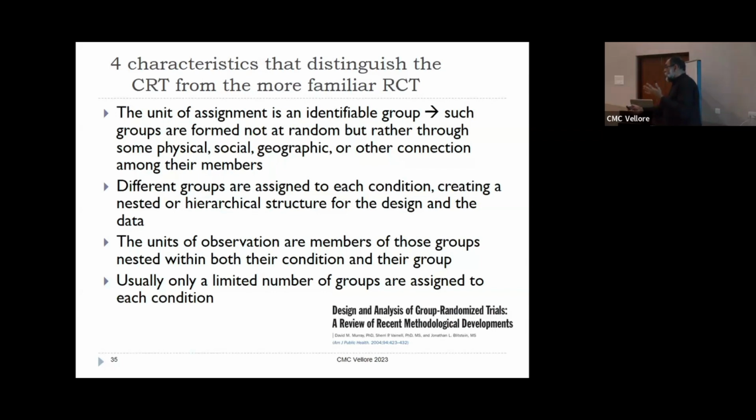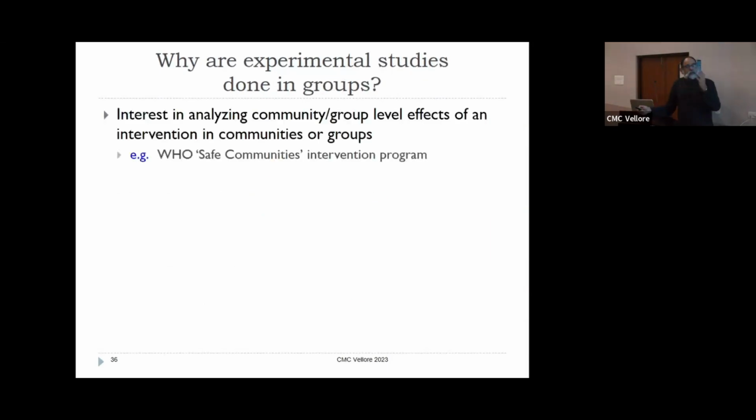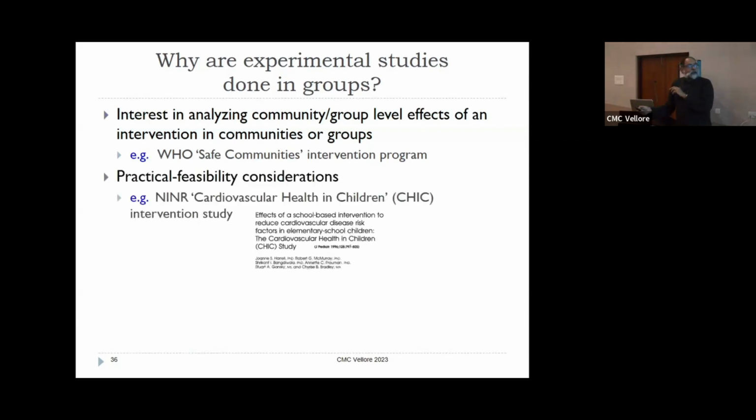But we have to do it because there's no other way of randomizing. And so because we have a limited number of groups that are assigned, we have that imbalance. So we know why we do it. There are some examples. This is a program by WHO on safe communities, and they were looking at group level effects.